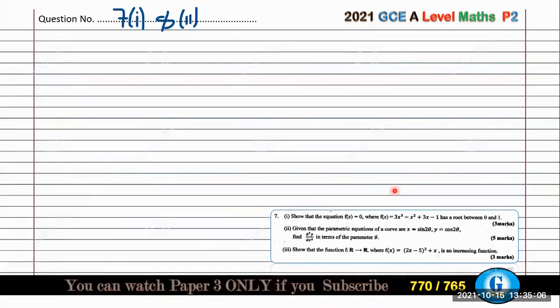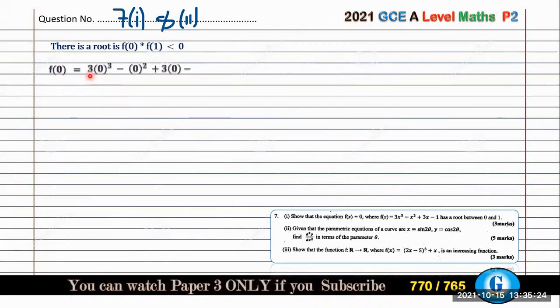A function has a root between 0 and 1 if f of 0 times f of 1 is less than 0, that is, negative. So we look for f of 0. Our f of 0 will be 3 into 0 to the power 3 minus 0 squared plus 3 into 0 minus 1, which gives us minus 1. Now, what is f of 1?